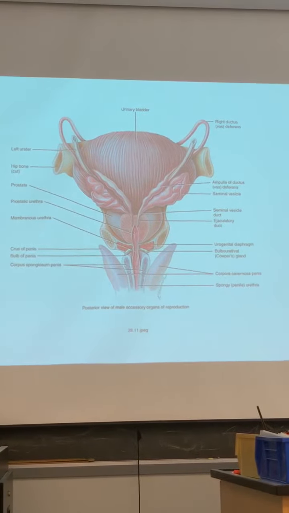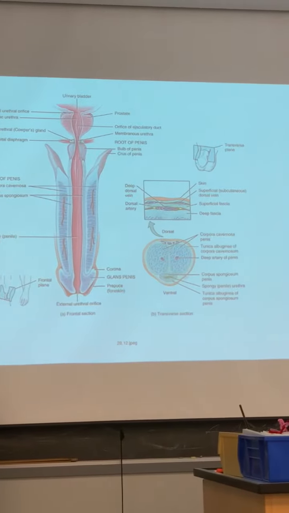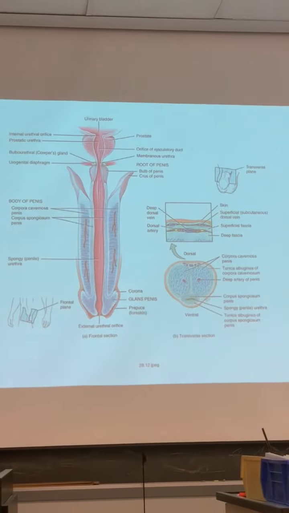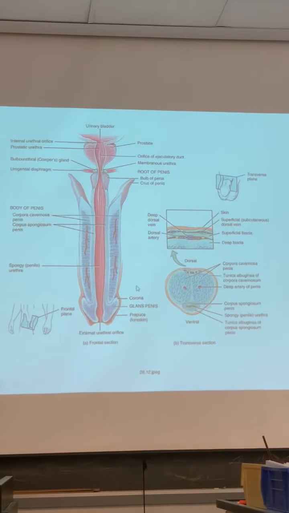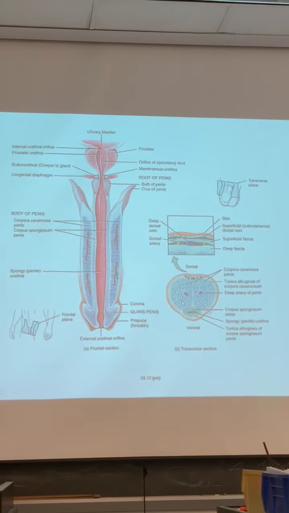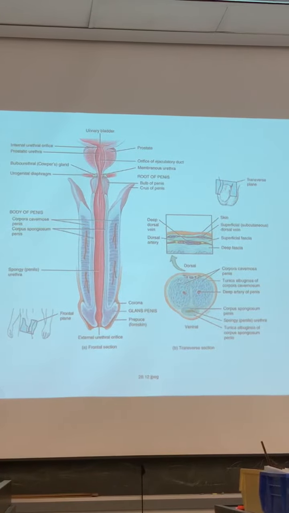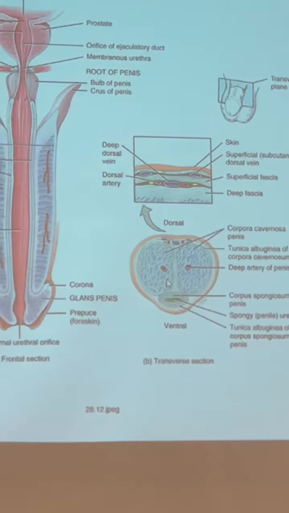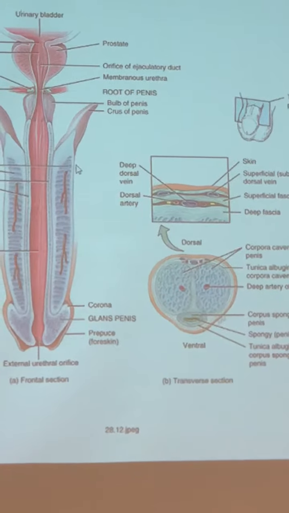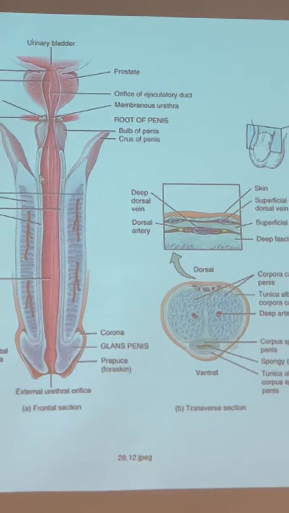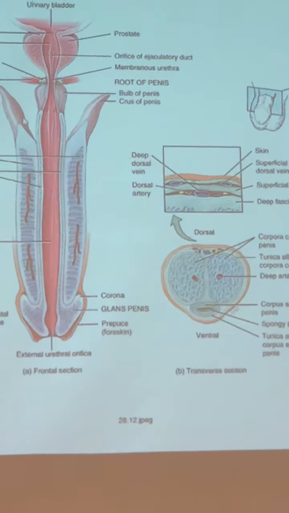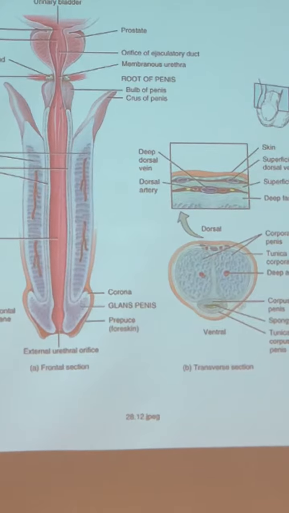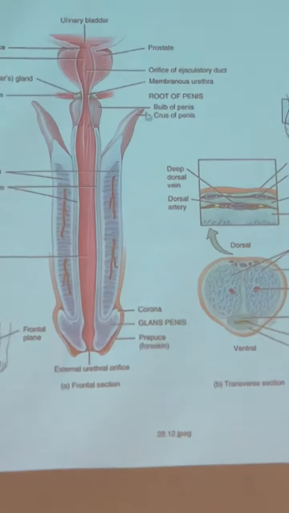Okay. If you look at the penis, of course the penis is composed of erectile tissue, and there's two types of erectile tissue here. You'll have the cavernous erectile tissue, which is found in two masses that go along the length of the shaft of the penis. It actually continues into the perineal area where it forms the crus.